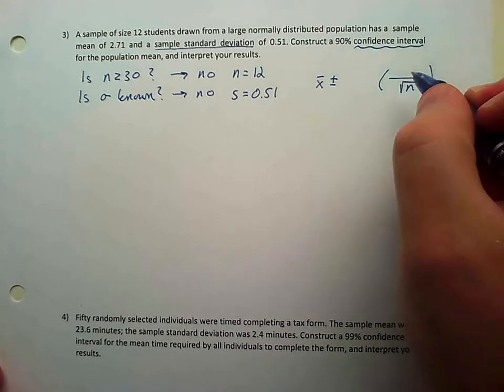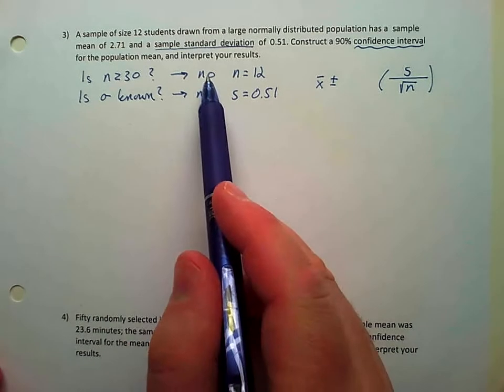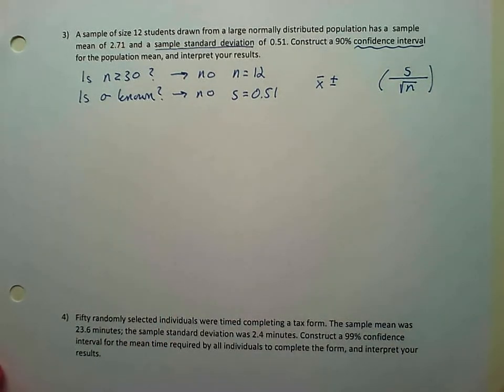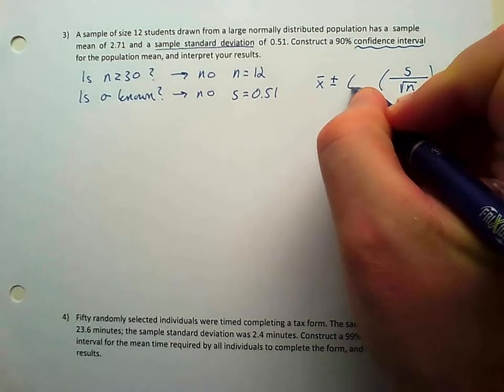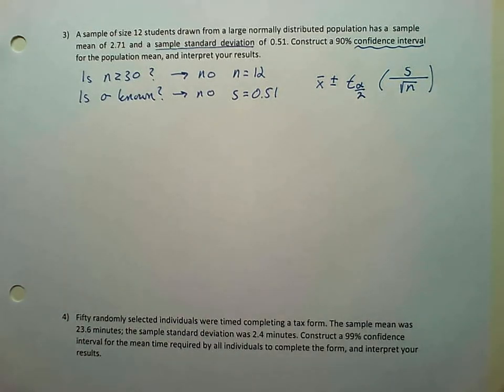Well, since we don't know sigma, we're going to use our sample standard deviation s instead. And now, what's most important is that we answered no to both of these questions. Because we answered no to both of these questions, we're going to be using t sub alpha divided by 2 instead. So we're not going to use z, but we're going to use t instead.